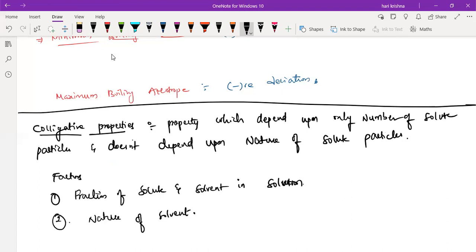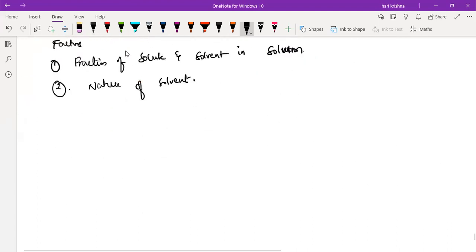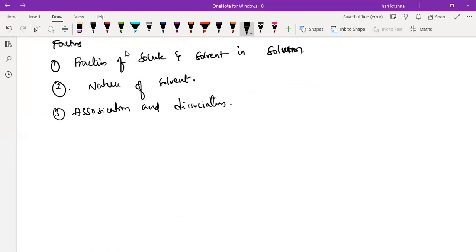If the solvent is more viscous in nature, the movement of the particles will be restricted. That is the second factor. The third one is the association and the dissociation. Okay, so these are the factors on which the colligative properties depend.